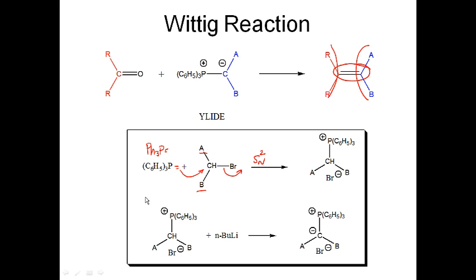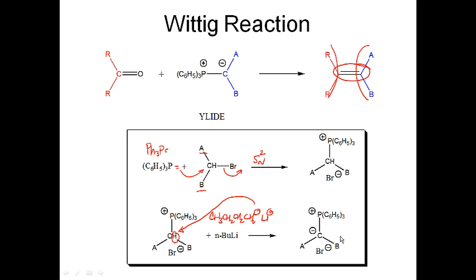Well, then what happens is we take this phosphonium ion and we treat it with N-butyl lithium. So remember that N-butyl lithium is this carbanion that's going to come in and deprotonate that carbon.